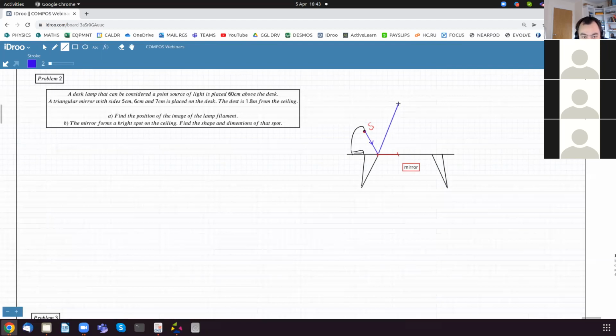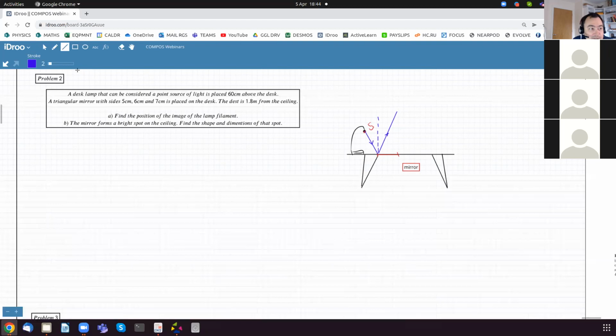Now, of course, you want to do this reasonably accurately, so you need the angle of incidence and the angle of reflection. Of course, when you do this diagram, you need to measure those angles carefully.